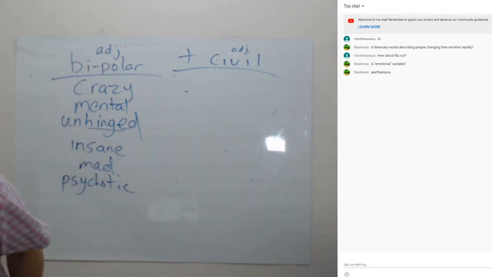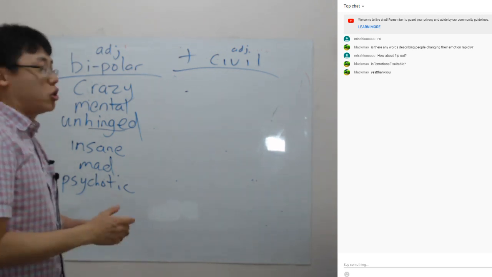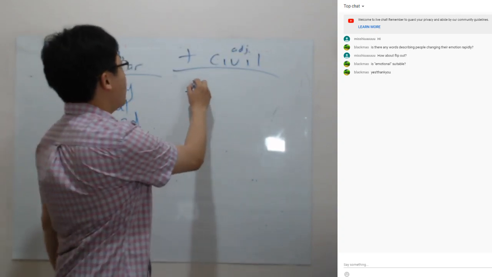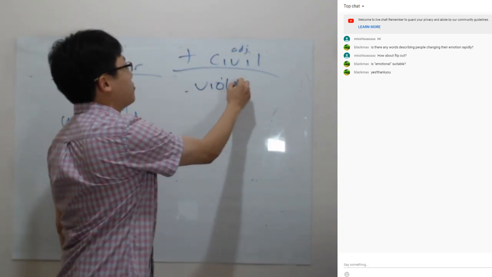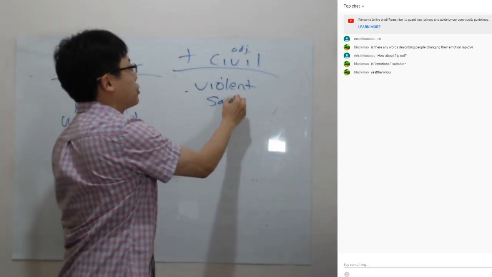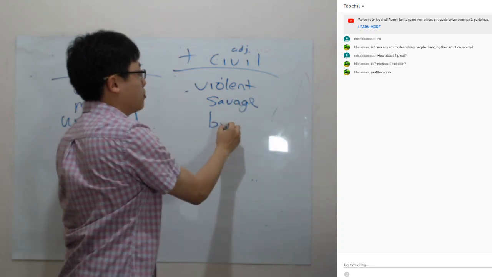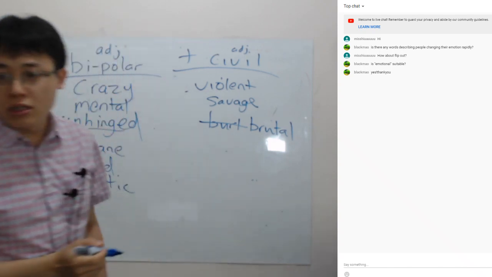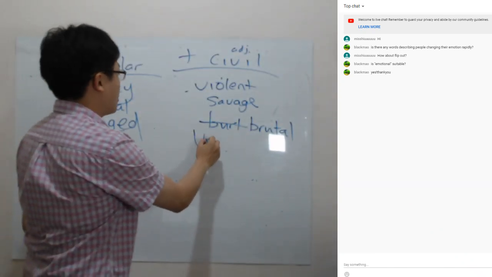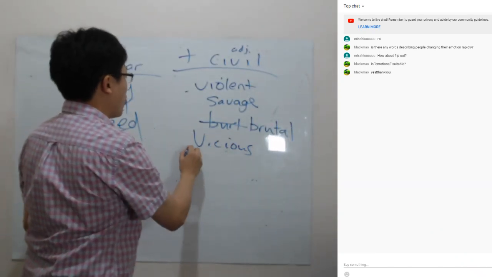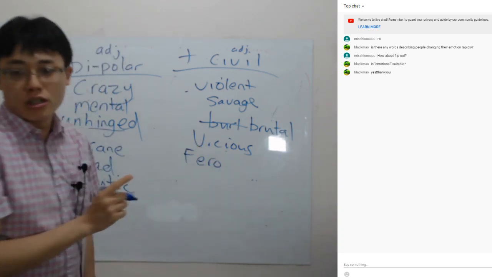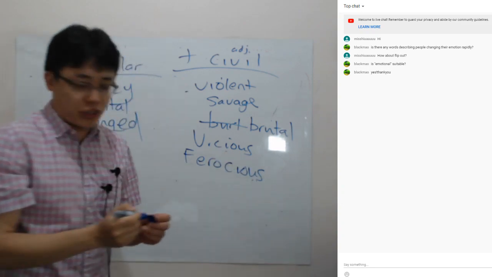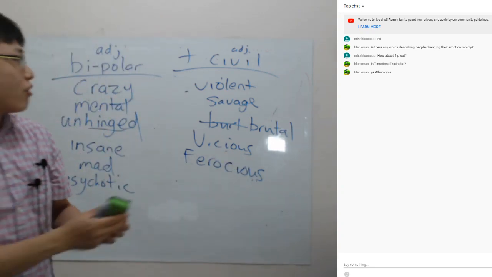If you want to call people that resort to physical measures, you definitely call them violent, savage, brutal, vicious, ferocious. So, lots of words you can use if you want to describe people that are violent.